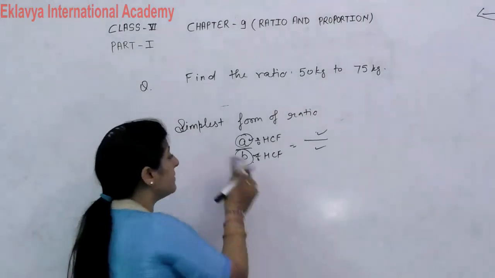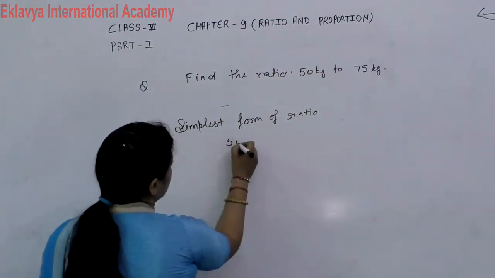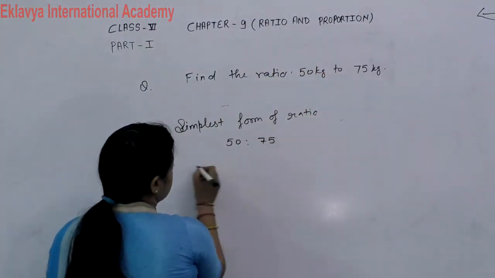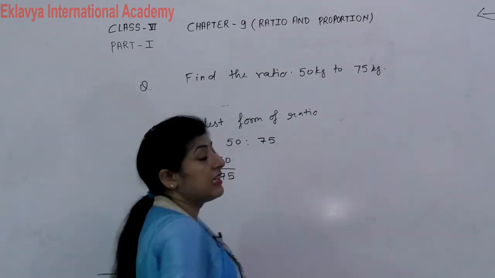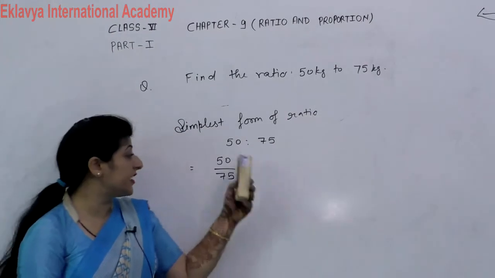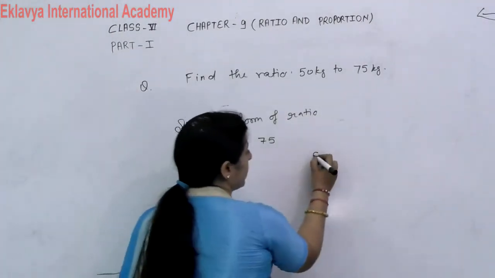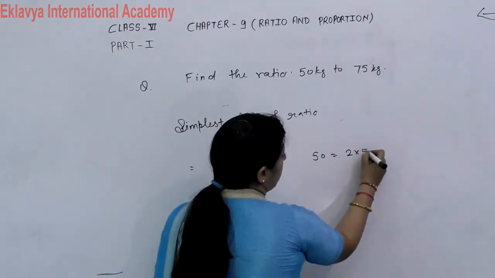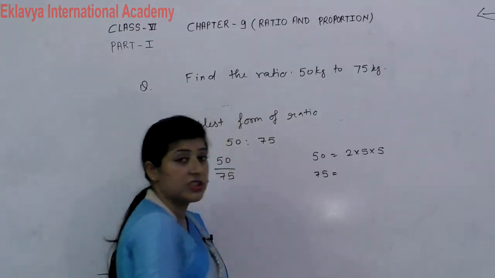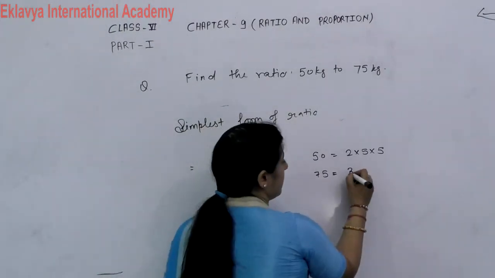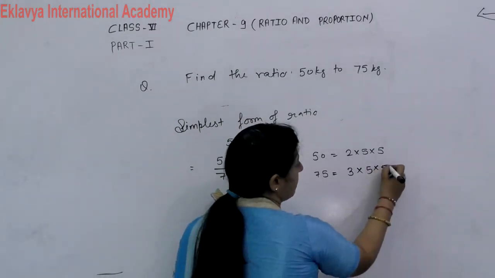Take example, find the ratio of 50 kg to 75 kg. We can write down like this, 50/75. Is this ratio in simplest form? No, because 50 means 2 multiplied by 5 multiplied by 5. 75 prime factorization 3 multiplied by 5 multiplied by 5.